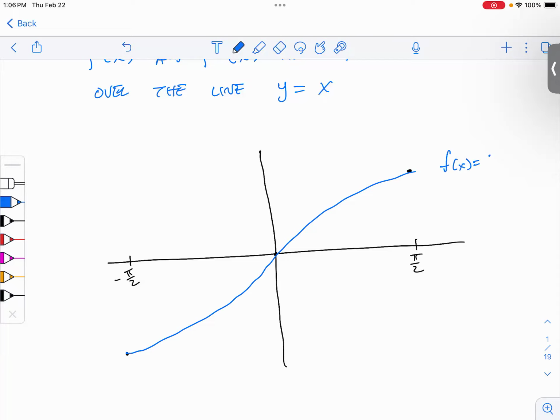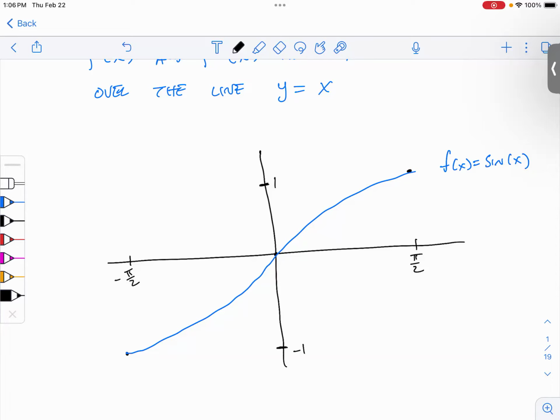F of x equals sine of x, negative 1 to 1. And remember, sine is odd, so it's flipped across the origin.